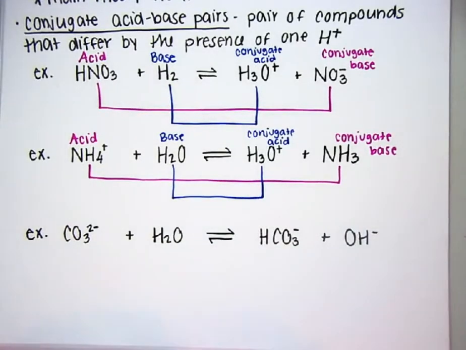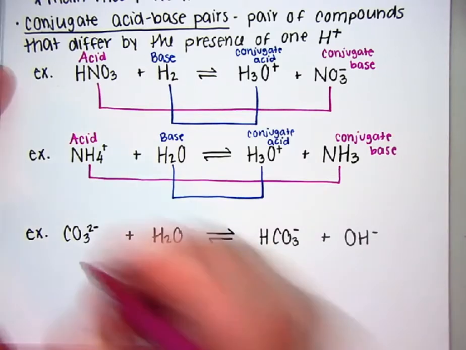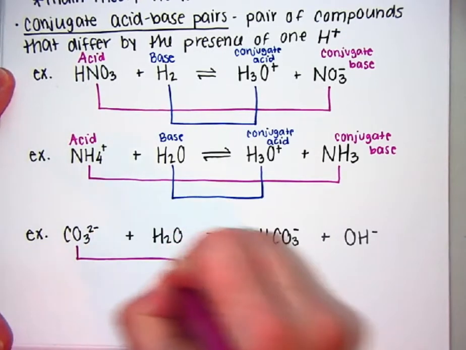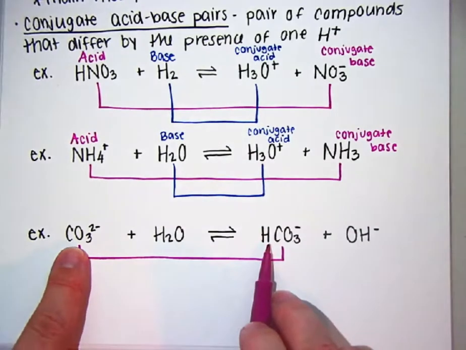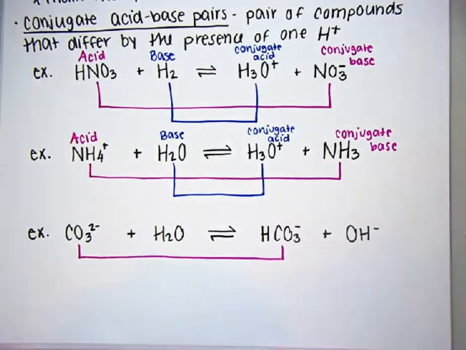All right, try this one on your own. Pause the video. When you're ready, come back and see how you did. All right, let's find my conjugate acid-base pairs. So these two species differ by only one proton.